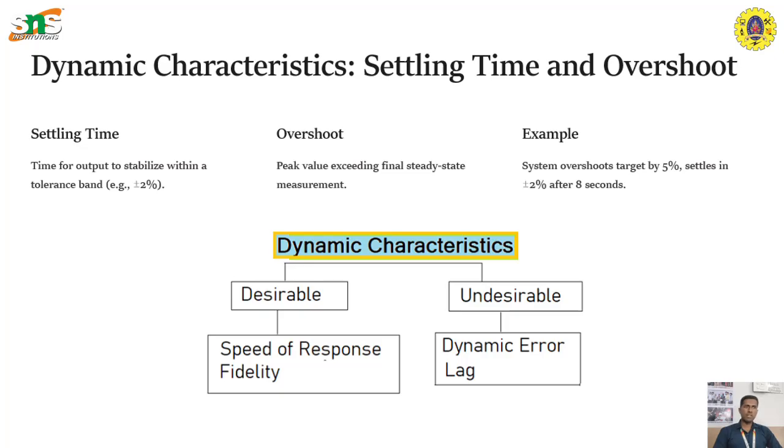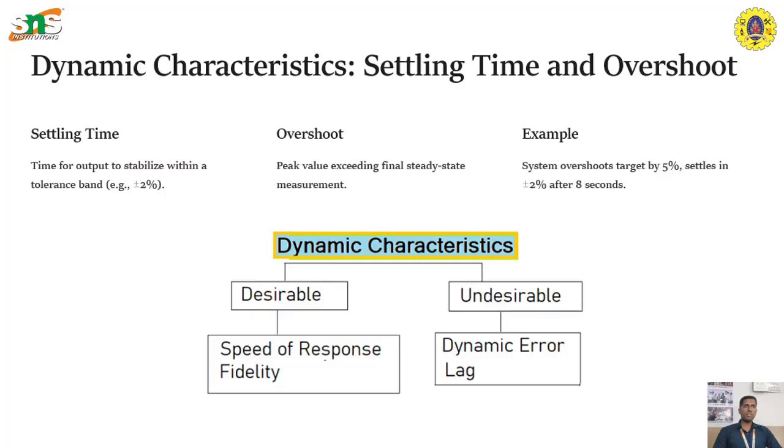The instrument overshoots the final measurement and reaches another peak, which is not desirable, right? That is called overshoot. The example given here is a system that overshoots the target by 5% and settles within plus or minus 2% after 8 seconds.